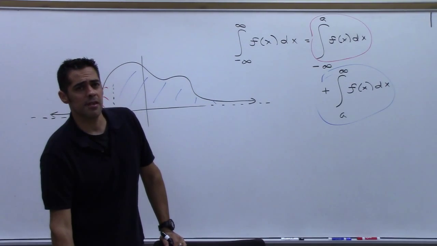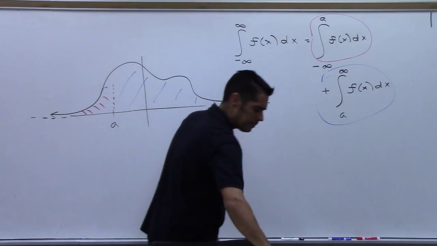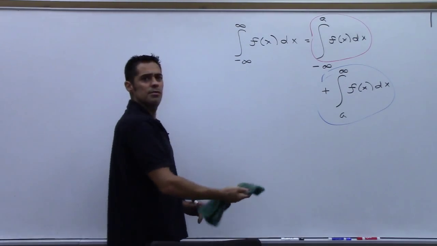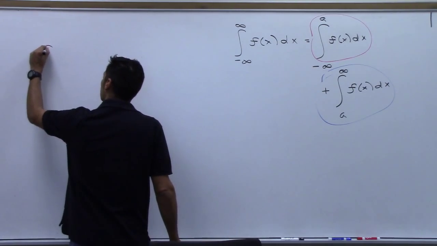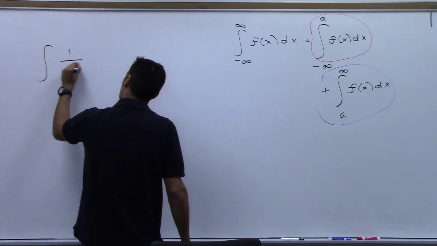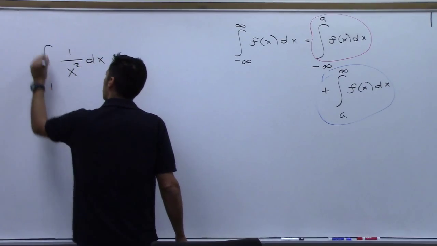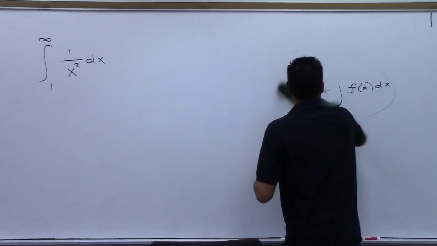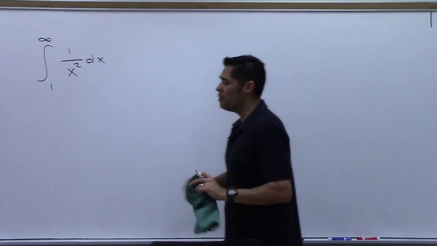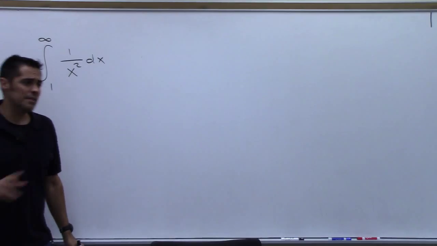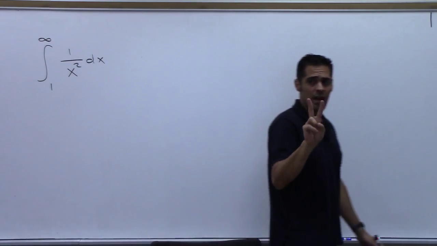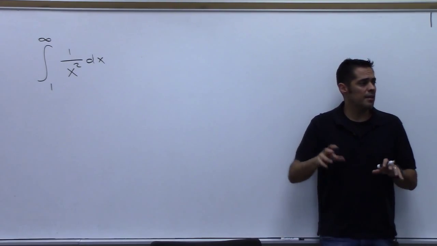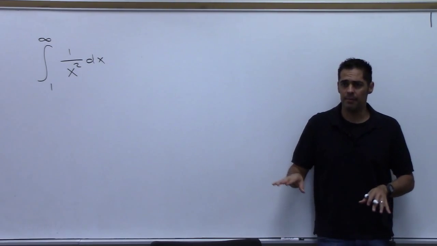Okay, let's take a look at these examples. So find this. When we're doing improper integrals, remember I said there's two types. Infinite intervals, which is what we're doing now, and then the second type we're going to do later if we have time.